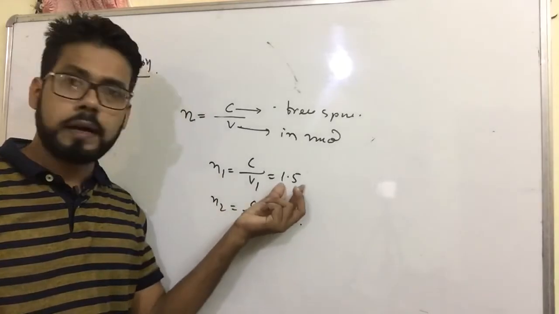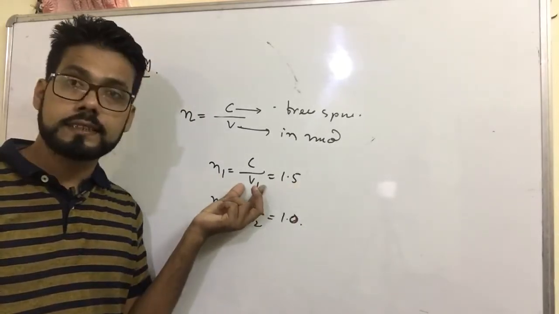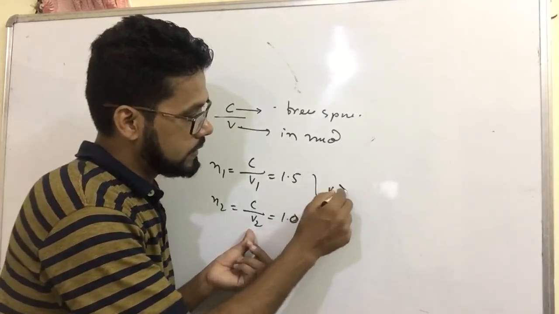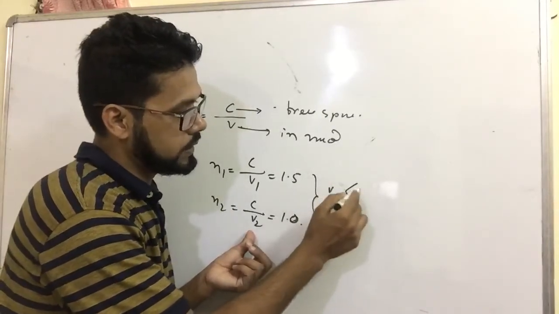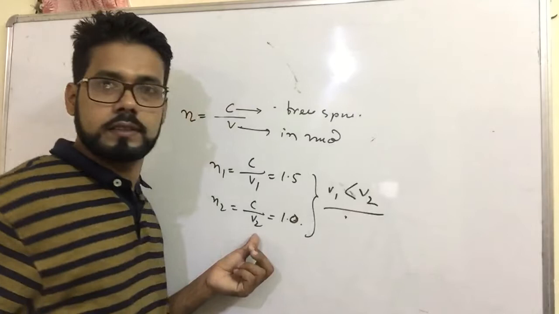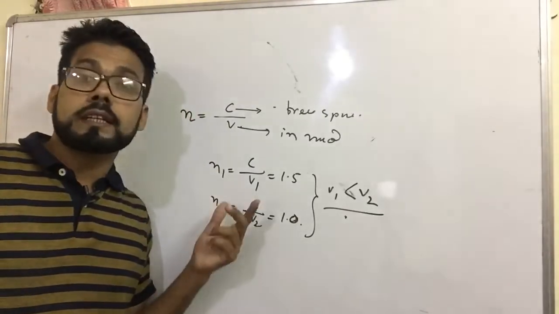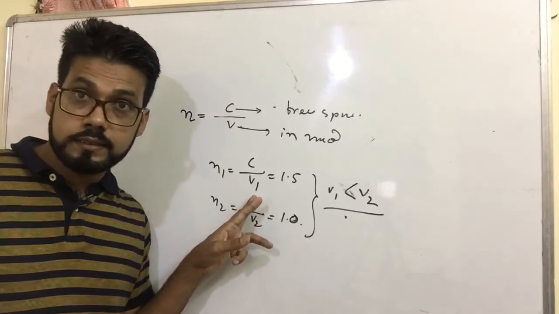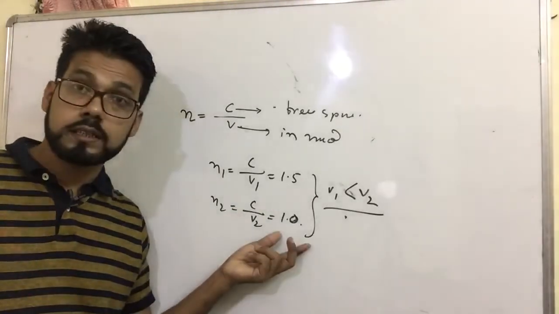So 1.5 means V1 is less than V2. A refractive index of 1.5 means the denominator must be less as compared to V2, where the index is 1.